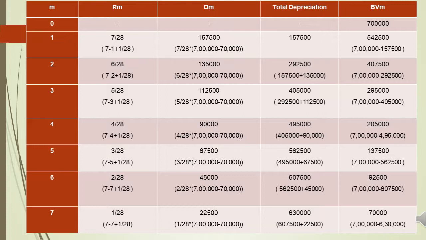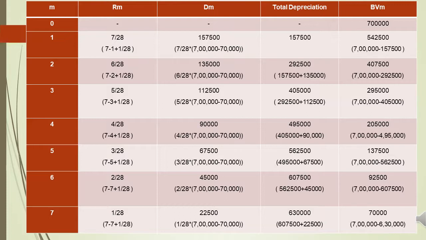That you have to multiply with P minus F, where P is given in the question as 7 lakhs and F is 70,000. So DM for the first year will be 7 by 28, that is RM, into P minus F, that is 7 lakhs minus 70,000.